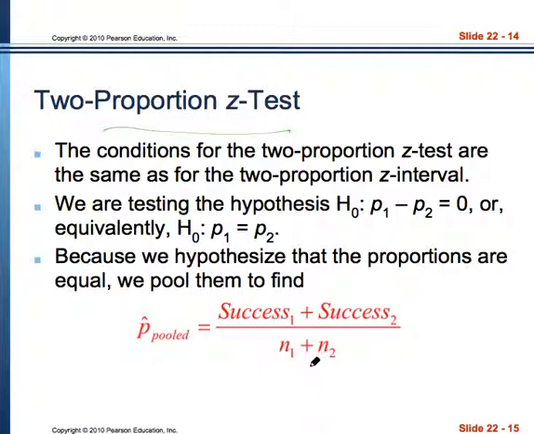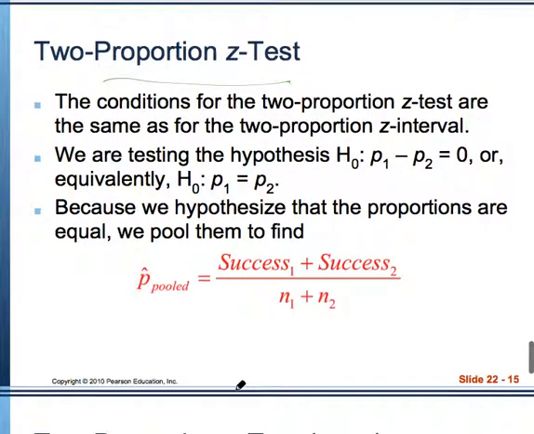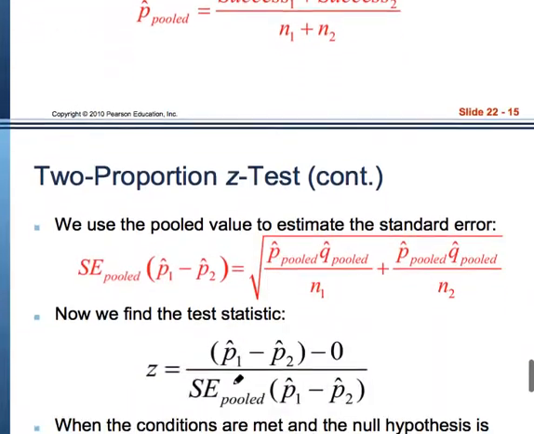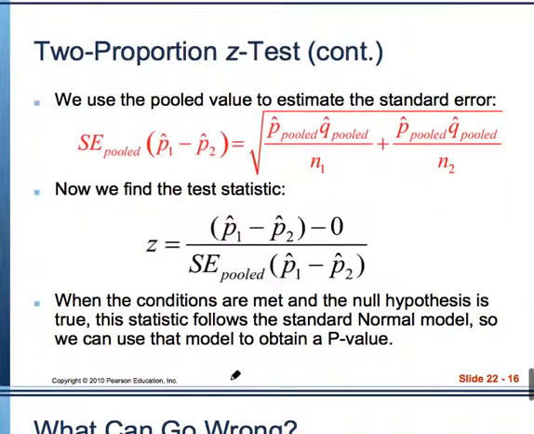Then we pool them to find the combined proportion, and here's where we use the pooled value for the standard error. This is a little different than before. And here's our statistic: the difference in the 2 proportions, minus 0, over the standard error.